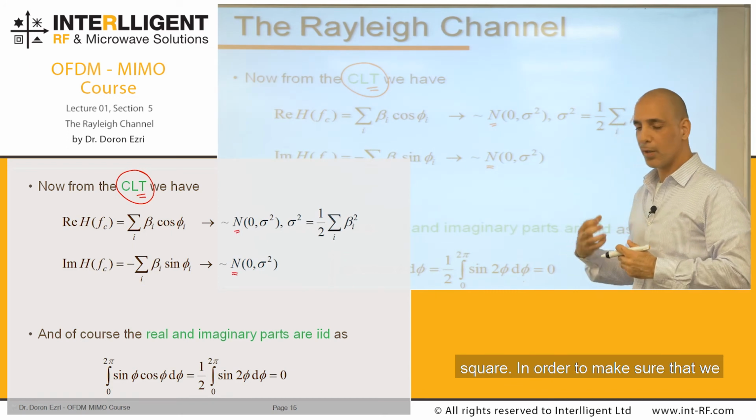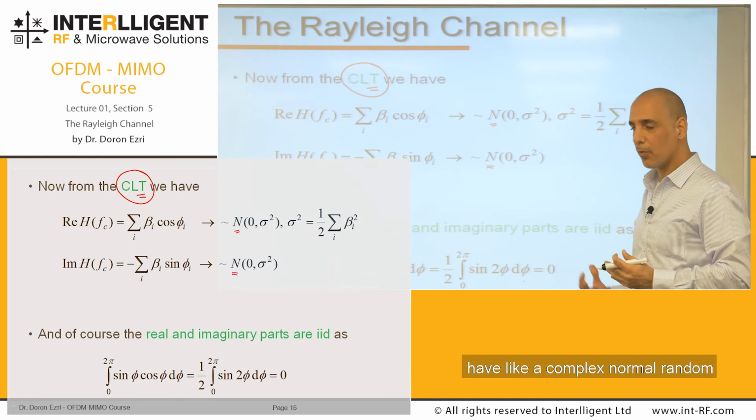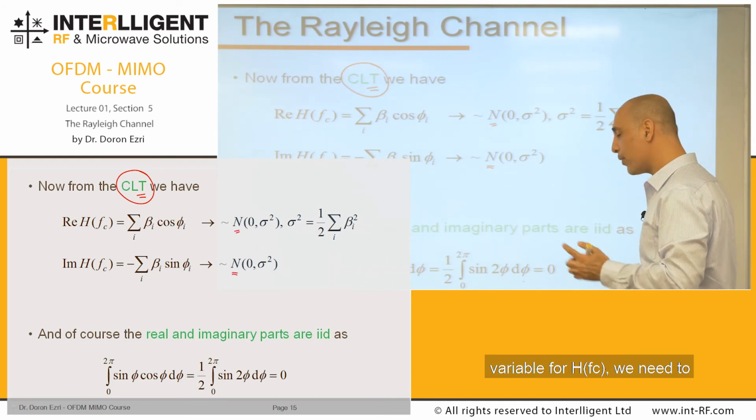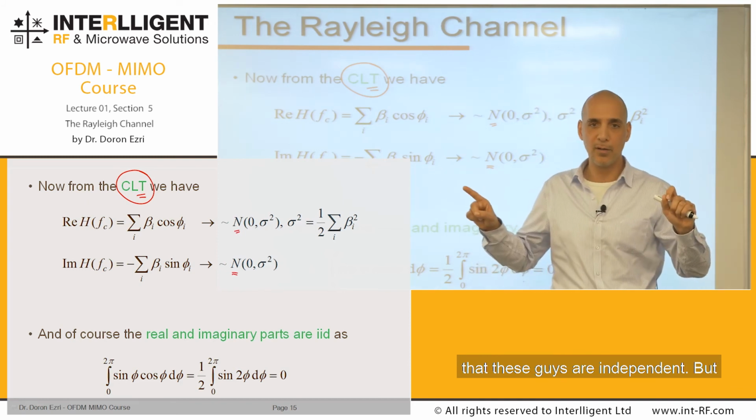In order to make sure that we have a complex normal random variable for h(fc), we need to prove another thing, and the other thing is that these components are independent.